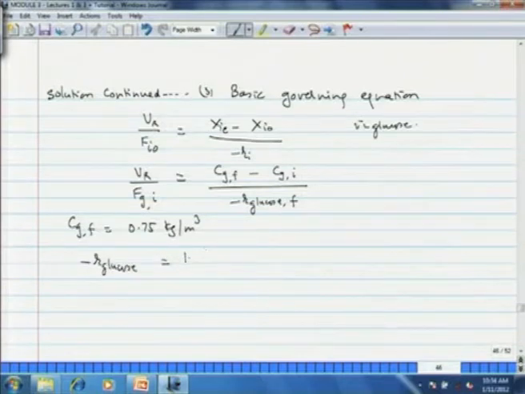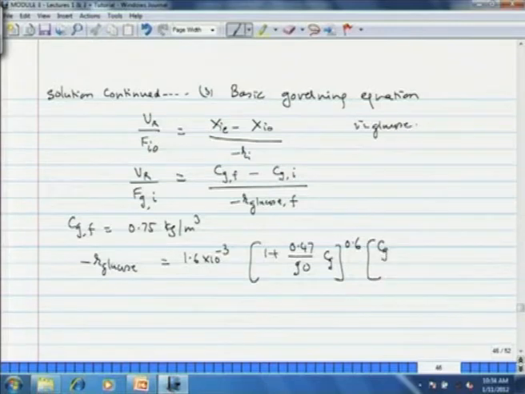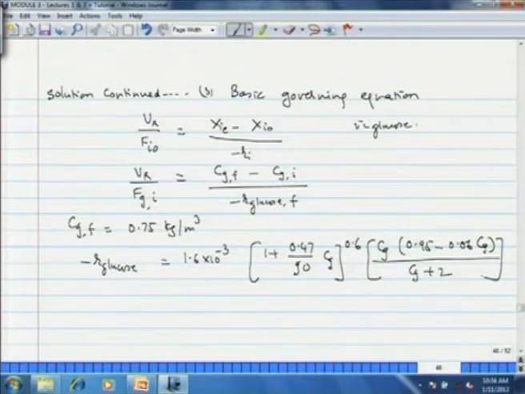So minus R glucose is 1.6 into 10 to power minus 3, 1 plus 0.47 divided by 90 into Cg raised to 0.6, again Cg into 0.95 minus 0.06 Cg divided by Cg plus 2.